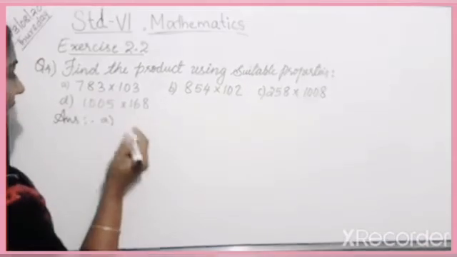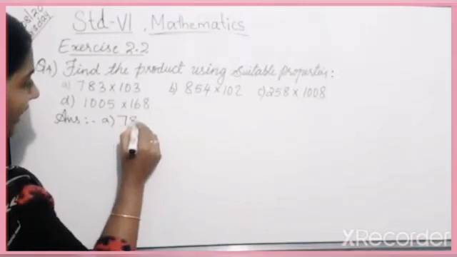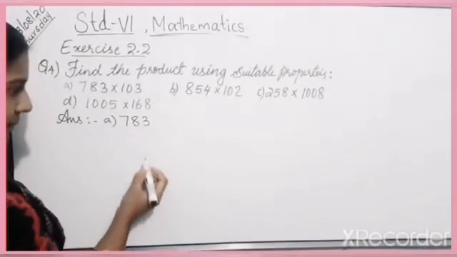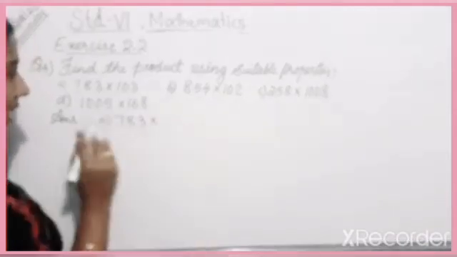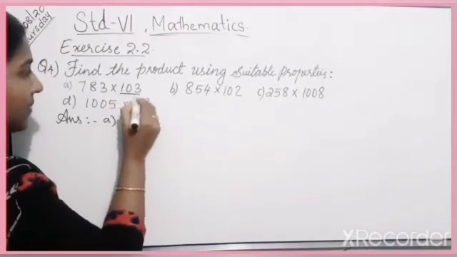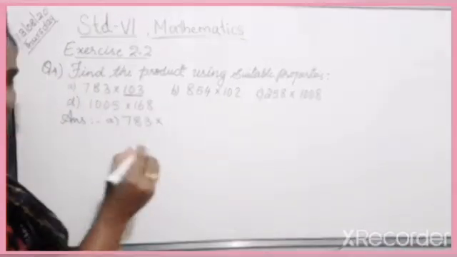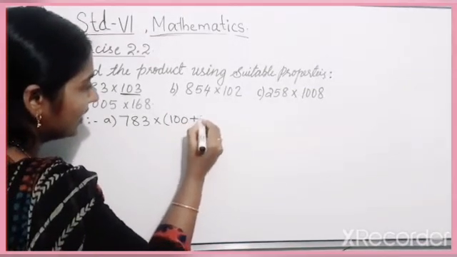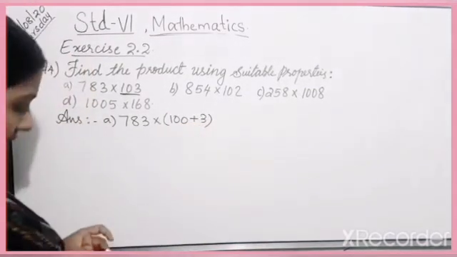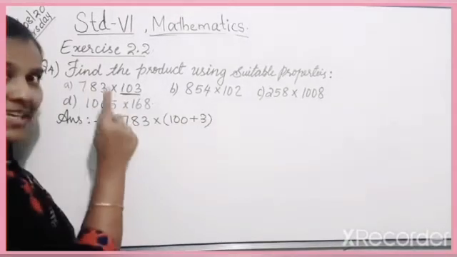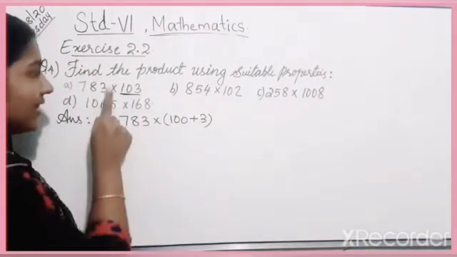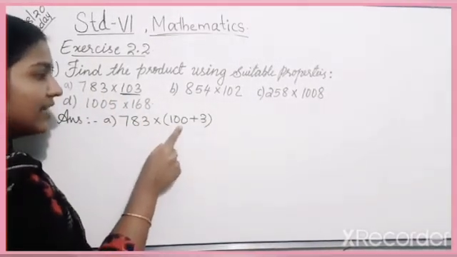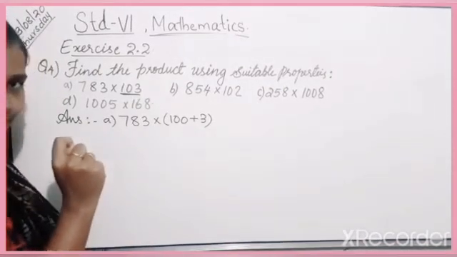Here I am writing 783 as the same, and then I am going to split this number as 100 plus 3. Look here, the number is 103, isn't it? The 103 we can write as 100 plus 3.